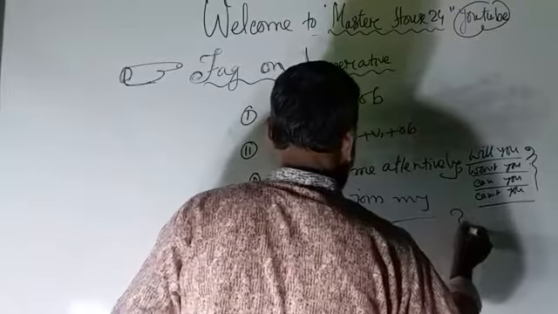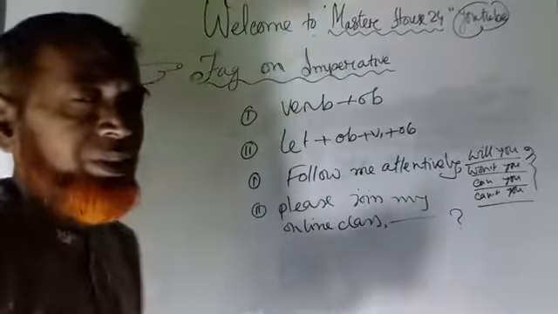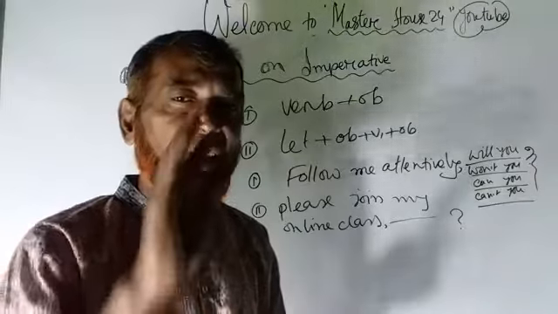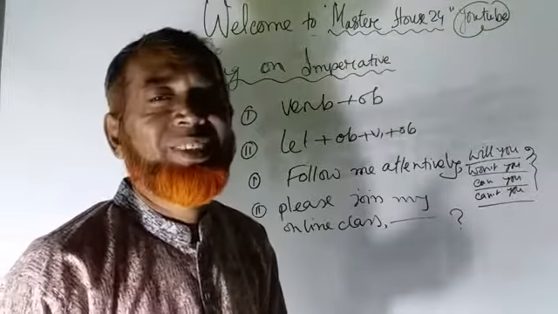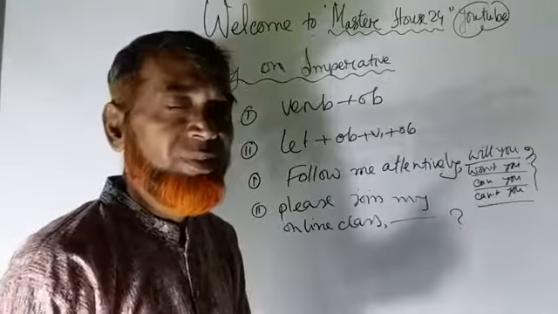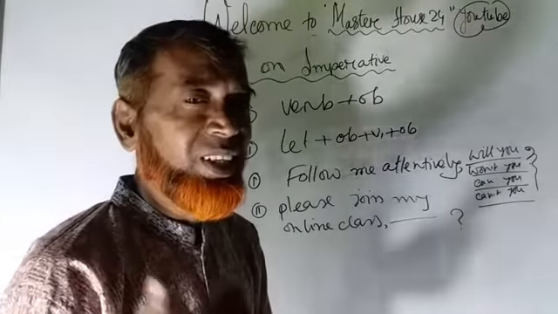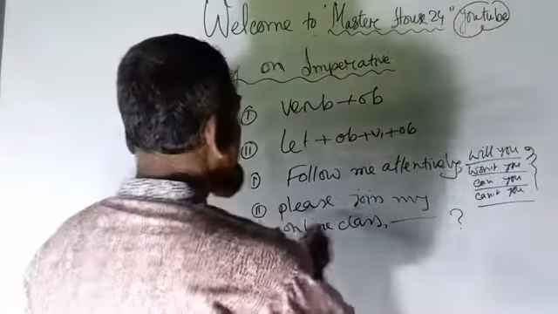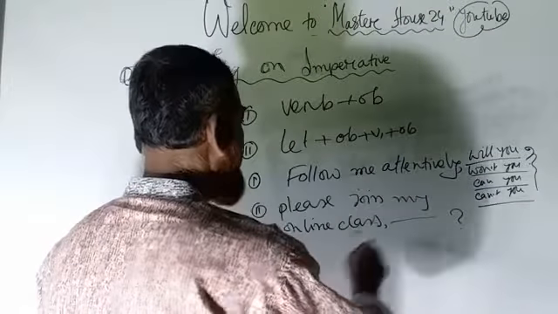Okay? How can you change? Before, I have told you, we can see four types of imperative sentence. Also here, this sentence starts with please, or we can say adverb plus verb plus object. Okay? Please join my online class.